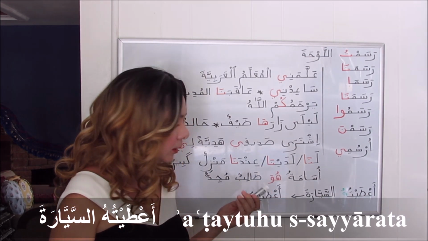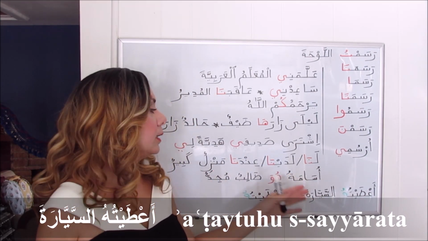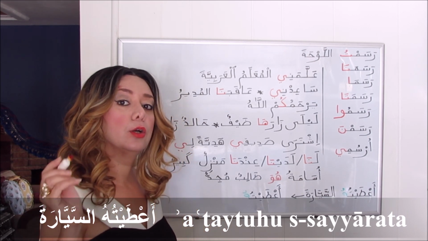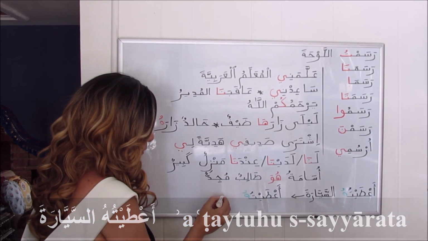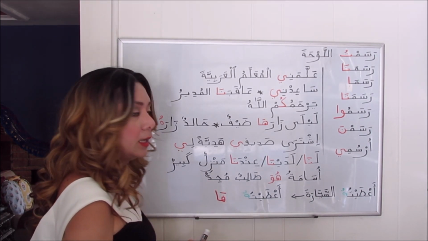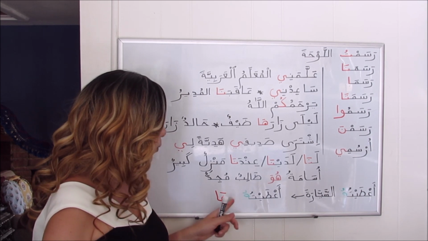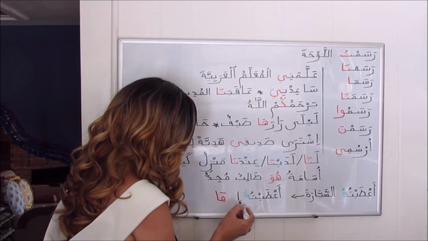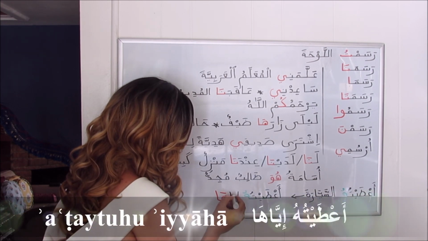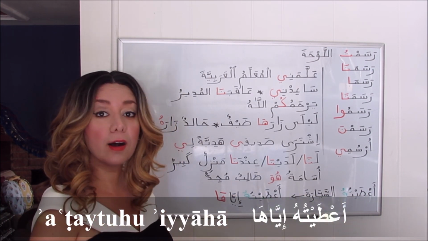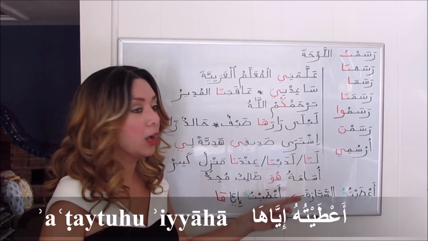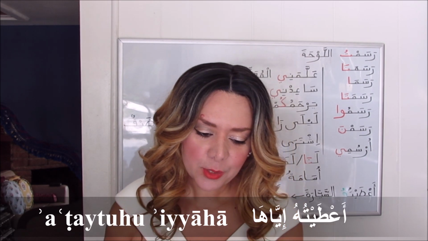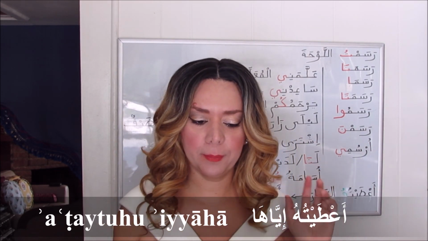Since السيارة is a feminine noun, we will use the third person singular pronoun ها. But we cannot say أعطيته ها. We need a carrier, and that carrier is إياها. أعطيته إياها, to replace the second object with a pronoun. So أعطيته إياها, I gave it to him.